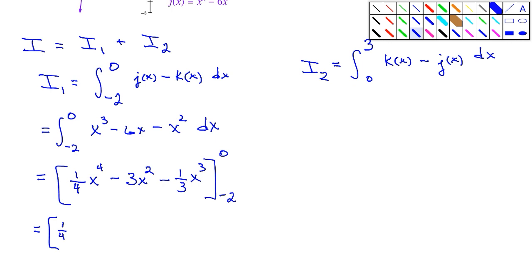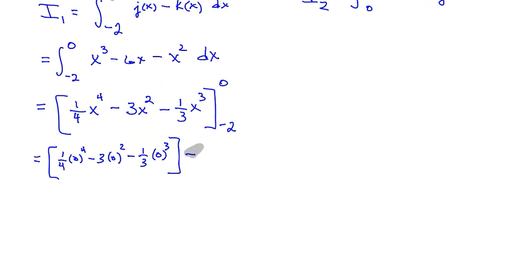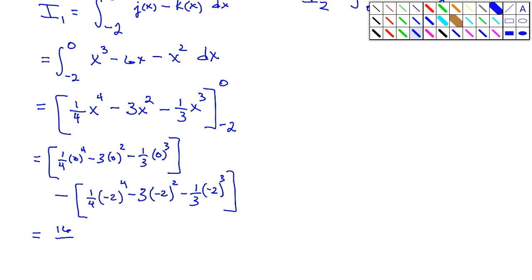So that would be 1/4 times 0 to the 4th minus 3 times 0 squared minus 1/3 times 0 cubed. All that's going to be 0 minus, I'll put this on the next line, 1/4 times -2 to the 4th minus 3 times -2 squared minus 1/3 times -2 cubed. And all that is equal to 16/3. So that's our result for I1.